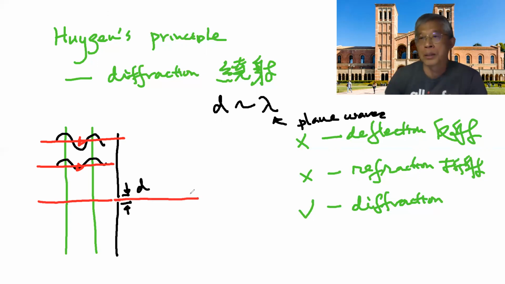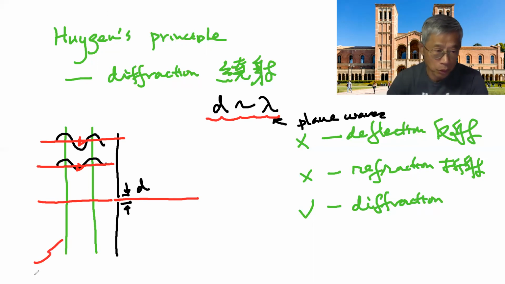But that's not what the light actually does when your D, this opening, is very close to the wavelength of this plane wave. So it would not do this. Instead, it would do something else.